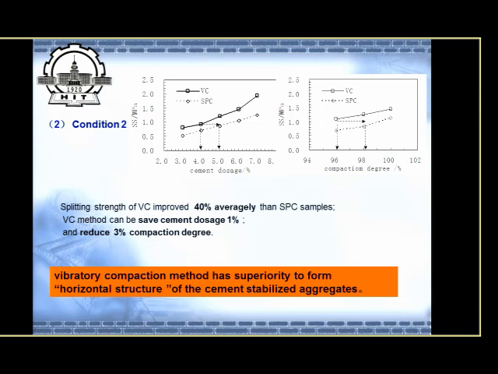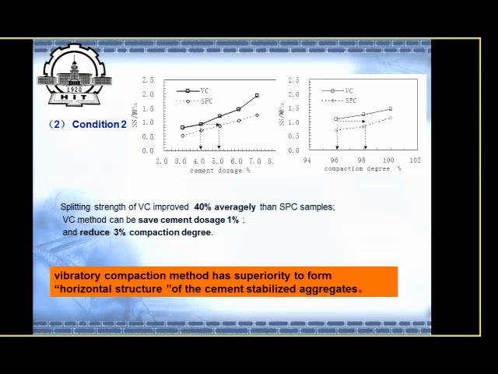The vibratory compaction method, I think, has a superiority in forming the horizontal structure of the semi-rigid aggregates. For UCS, I think it is an improved vertical structure of the specimen.